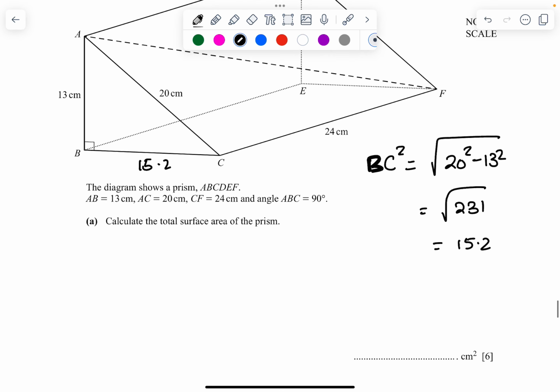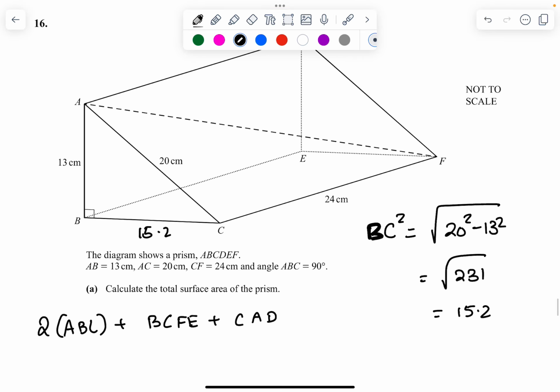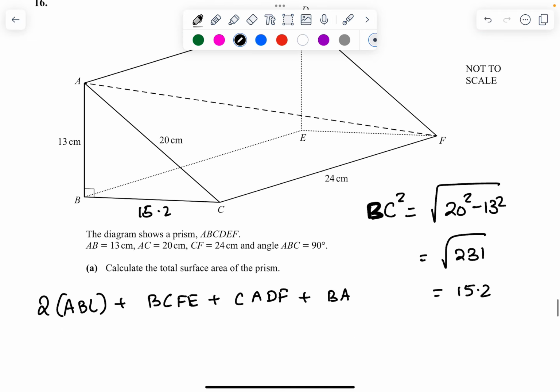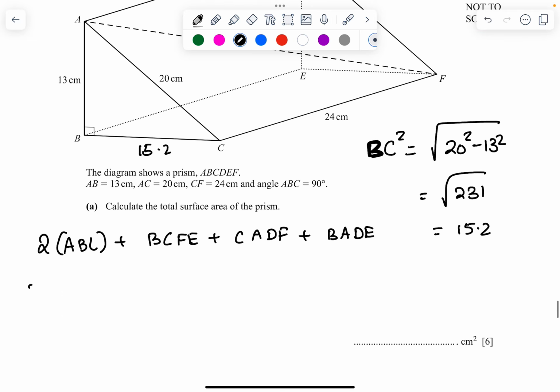So the total surface area is made up of two triangles, two times the triangle ABC, plus the base BCFE, plus the slant side CADF, plus another one, BADE. Now for the triangles it is 2 times half times base 15.2 times height 13. For BCEF, it is 15.2 times 24.